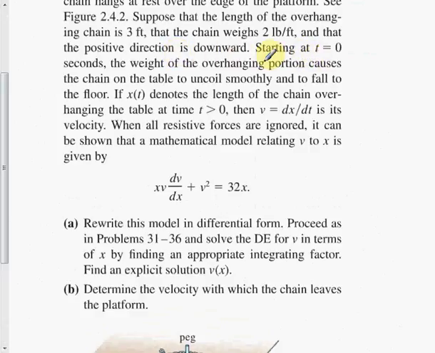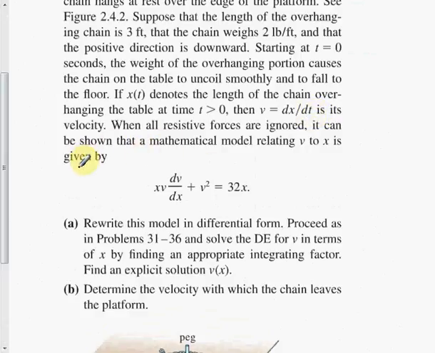Starting at t equal to 0 seconds, the weight of an overhanging portion causes the chain on the table to uncoil smoothly and to fall to the floor. If x of t denotes the length of the chain overhanging the table at time t positive, then the velocity is no more than simply dx over dt, the derivative of the so-called position.